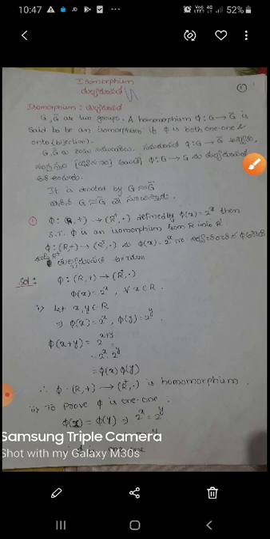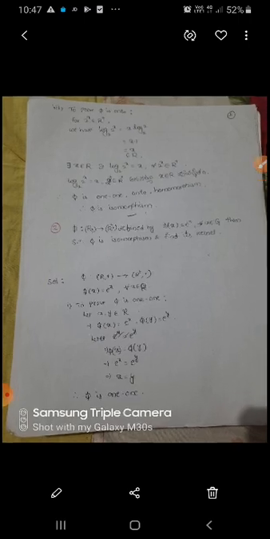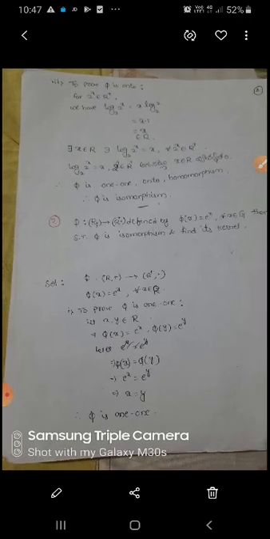Now to prove phi is onto. For 2 power x belongs to R plus, we have log of 2 power x base 2 equal to x log 2 base 2, that equals x into 1, that equals x belongs to R. There exists x belongs to R such that log of 2 power x base 2 equal to x for all 2 power x belongs to R plus.